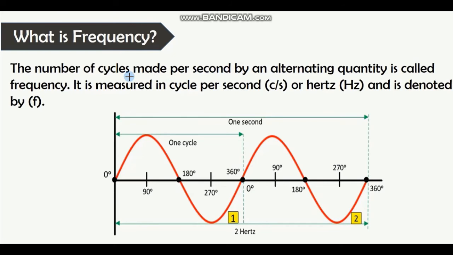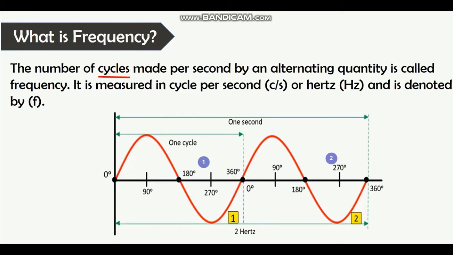If we go back to the first definition, we find that we have cycles, and we talked about cycles in the definition of waves. How many cycles do we have in this wave? We find that we have two cycles. This is the first cycle and this is the second cycle. How does that come about? I will tell you.